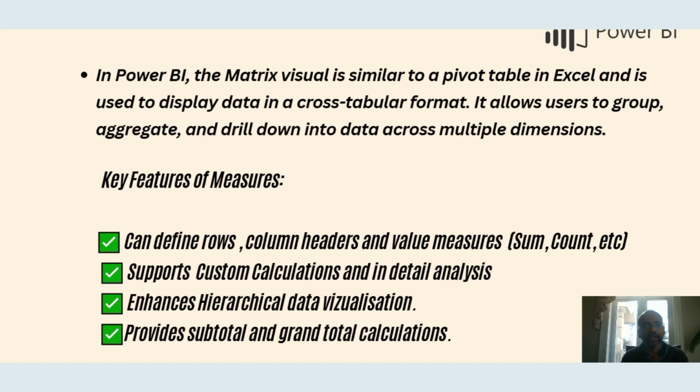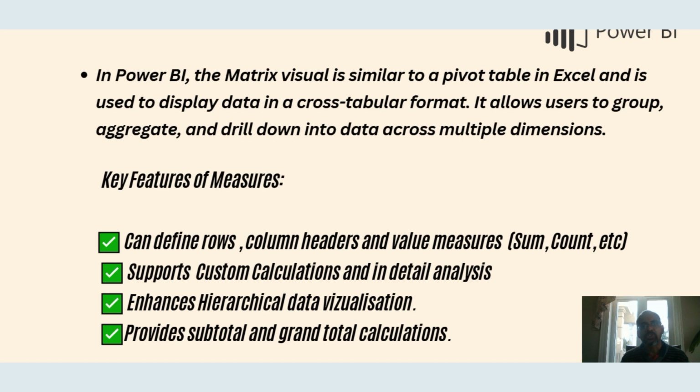Similarly, you can aggregate the data, whether it's an average, sum, or count. Also, you can drill down and roll up the data across multiple dimensions. Rolling up and drilling down is not that difficult, both in the pivot table as well as in matrix visual. And why are we using matrix visual? Especially when you have large data, this is the best option available in Power BI.